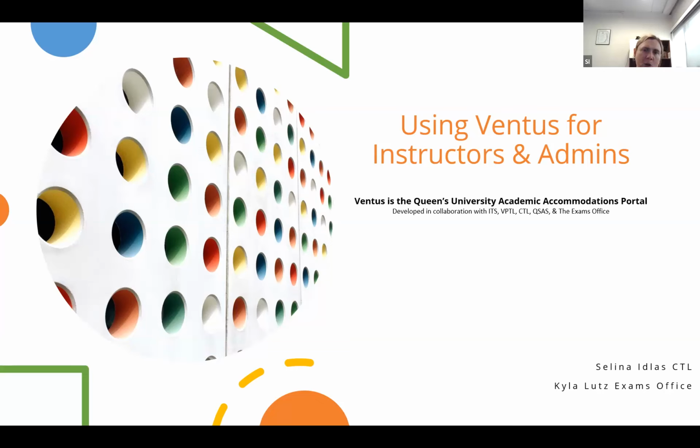So for those of you who don't know what Ventus is, it is the academic accommodations portal that is being developed in-house at Queen's. It's been developed in collaboration with many departments across campus, including the Centre for Teaching and Learning, the exams office, ITS, the Vice Provost Teaching and Learning, and Queen's Student Accessibility Services.